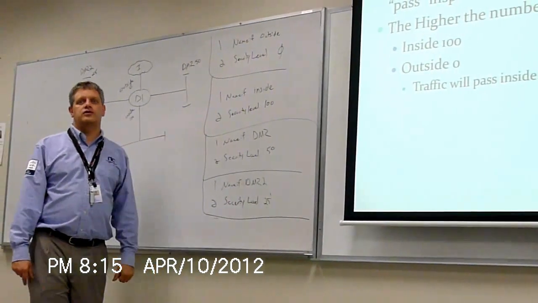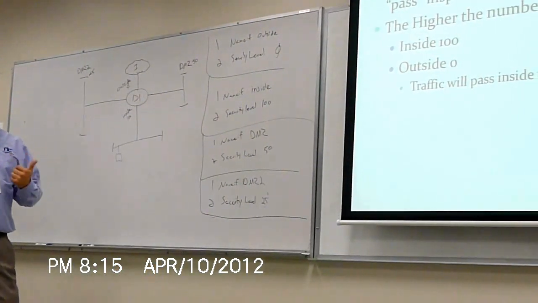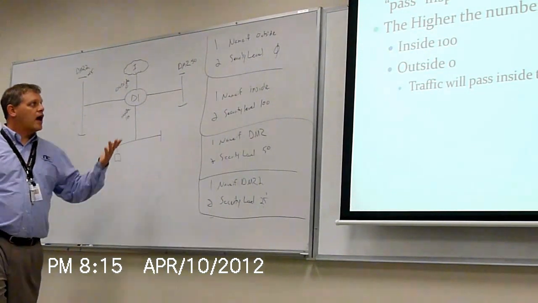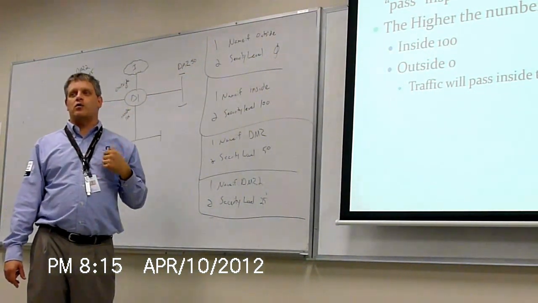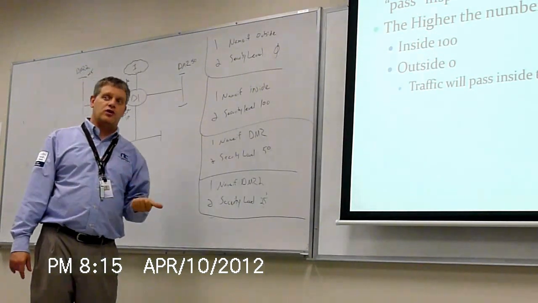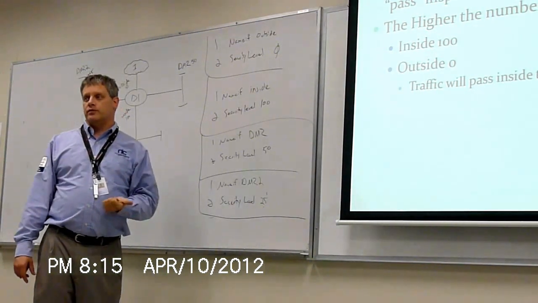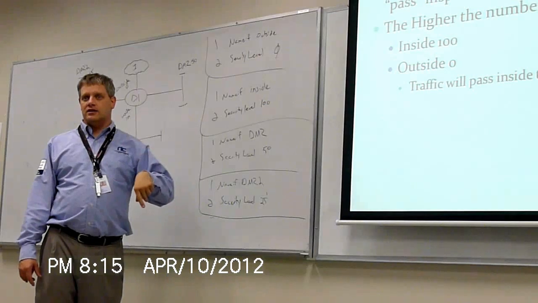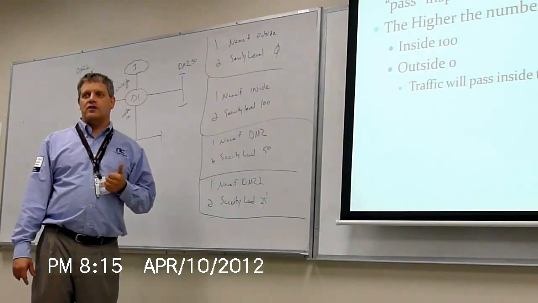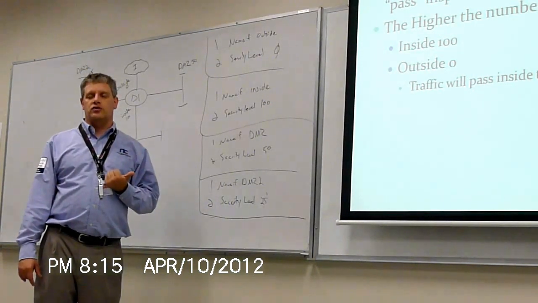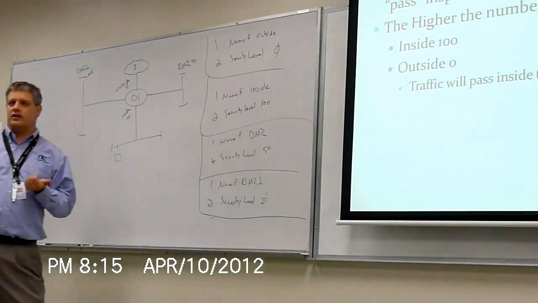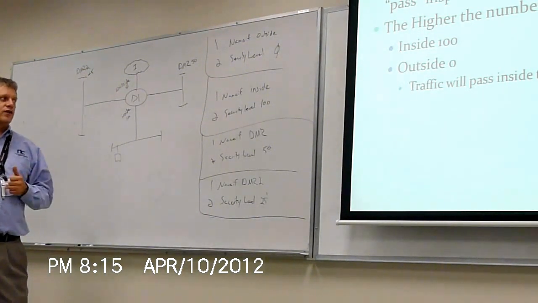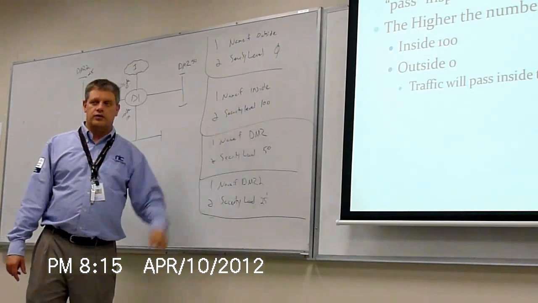Now, security levels are a trust basis, and when I name an interface, there are two different named interfaces that will automatically populate the security level variable. That's outside and inside. The outside interface is always going to default to security level 0. The inside interface, when you use the nameif inside command, is always going to default to security level 100.